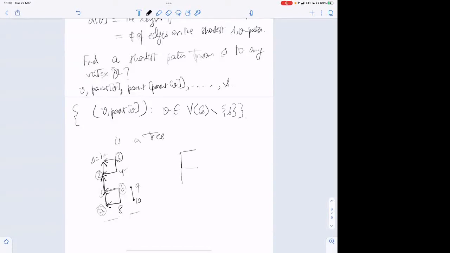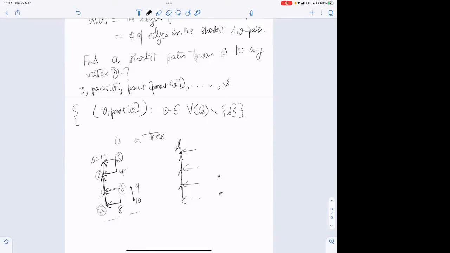Do you agree with me? Yes. This is an undirected tree. Also, 9 and 10 do not have any edges in this because they are not reachable from S. But this is a directed tree rooted at S. If you draw the directions, they are incoming towards S, correct?